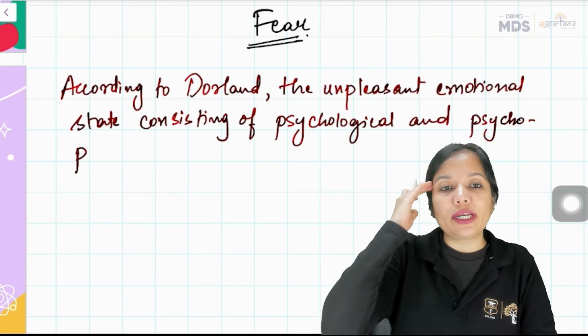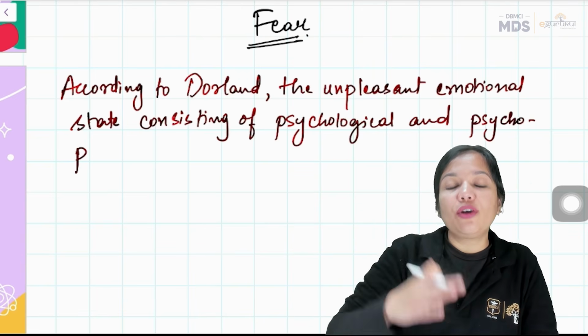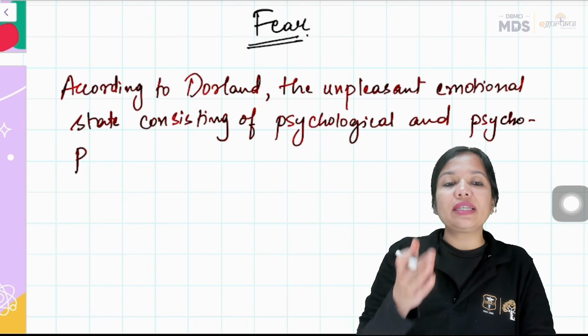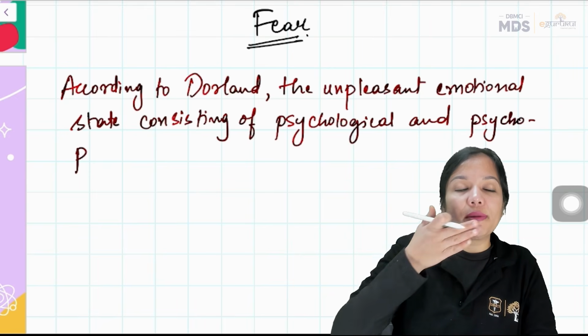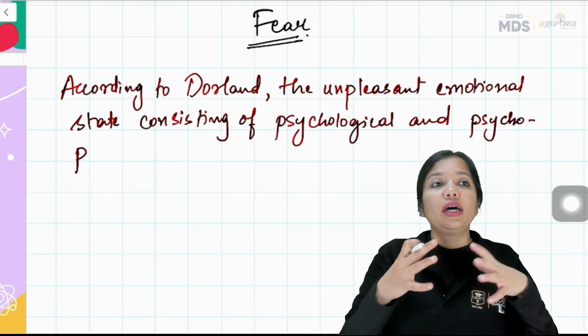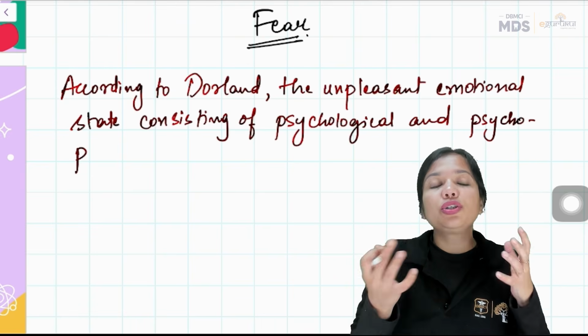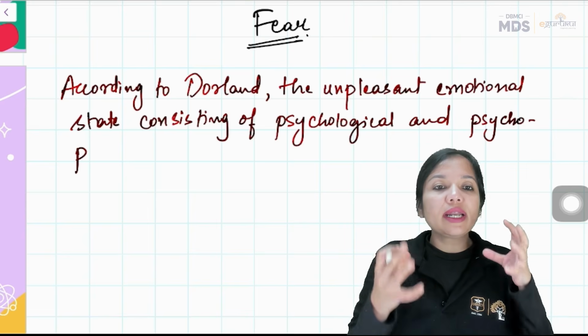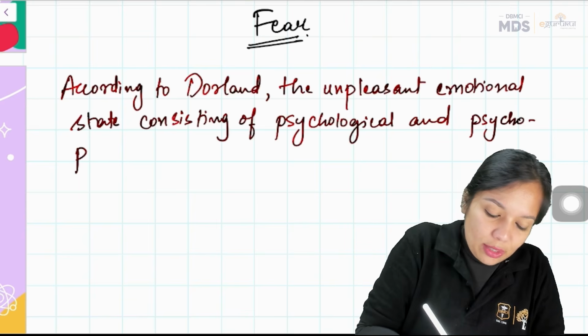Psychological means something related to the mind, the brain. Psychophysiological means where there is a connection between the mind and the body, the reaction that occurs because of the interaction of the mind and the body.